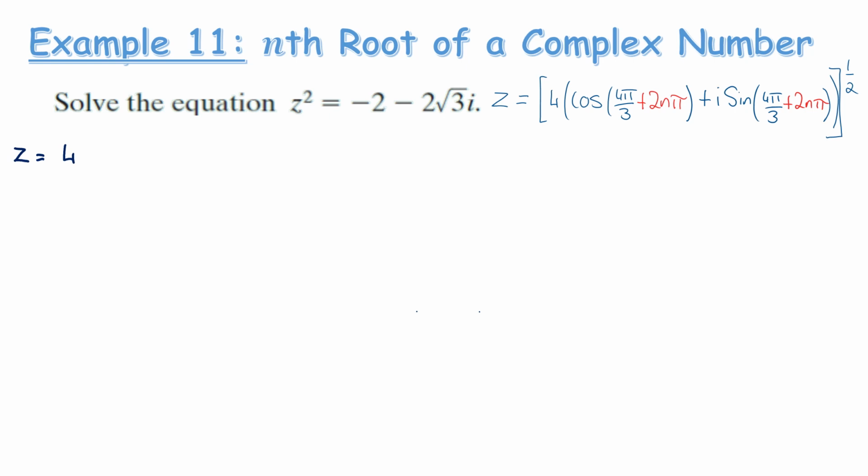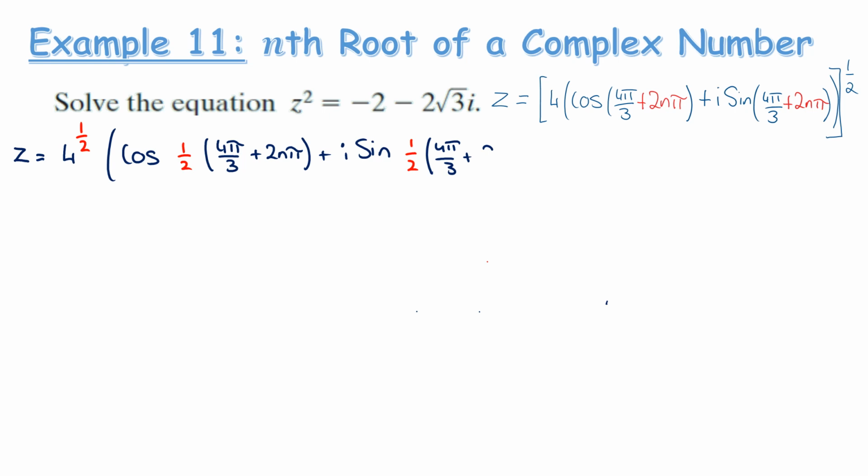So we have 4 to the power of a half, and what we're going to get is cos of a half times our angle, which is 4 pi over 3 plus 2n pi, our rotation, plus I sine of a half times 4 pi over 3 plus 2n pi. And that is a general answer.